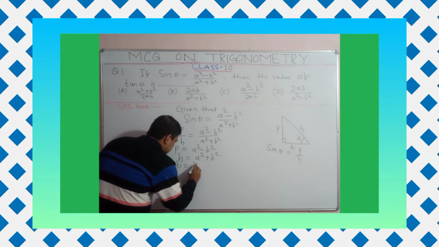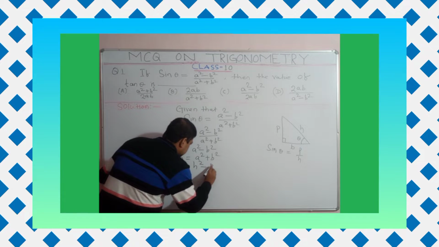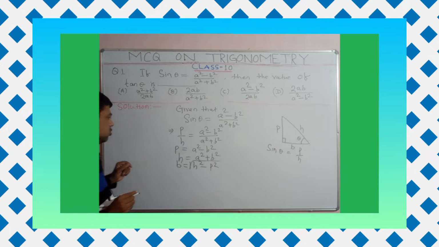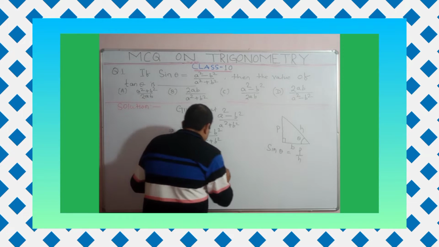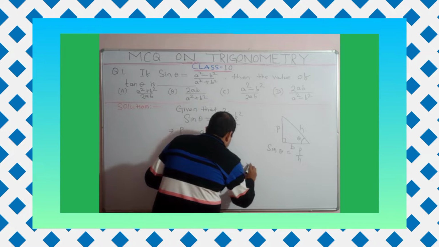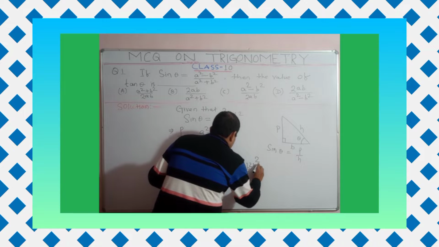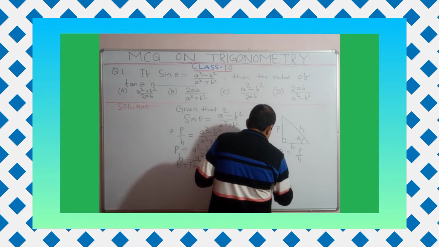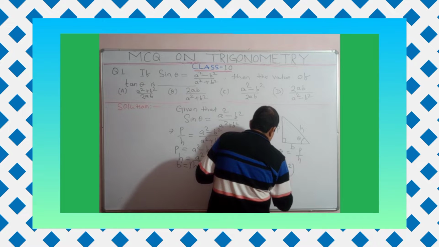According to Pythagoras theorem, the base is the square root of h square minus p square. The hypotenuse is (a square plus b square) whole square, minus the perpendicular, (a square minus b square) whole square.